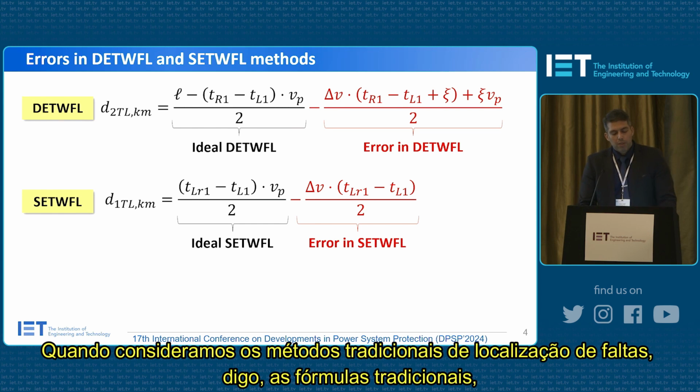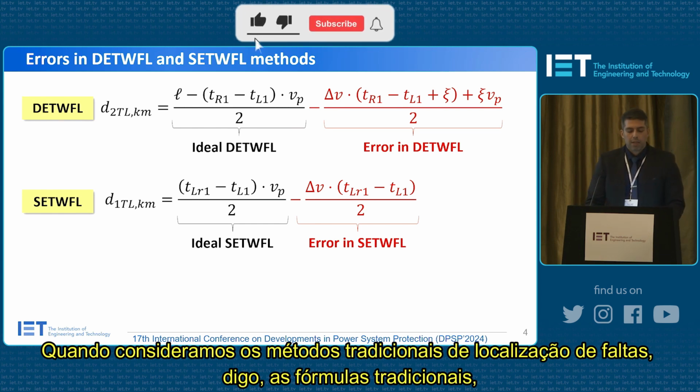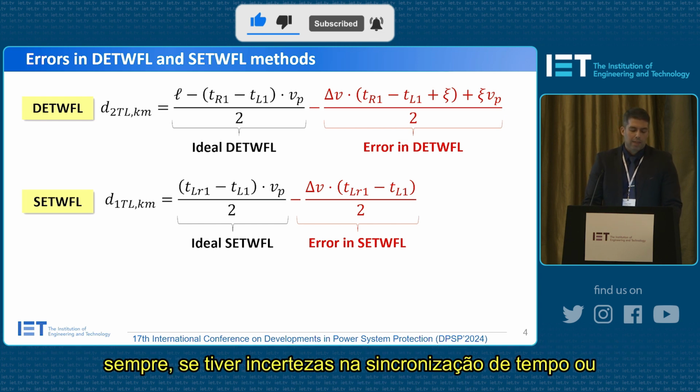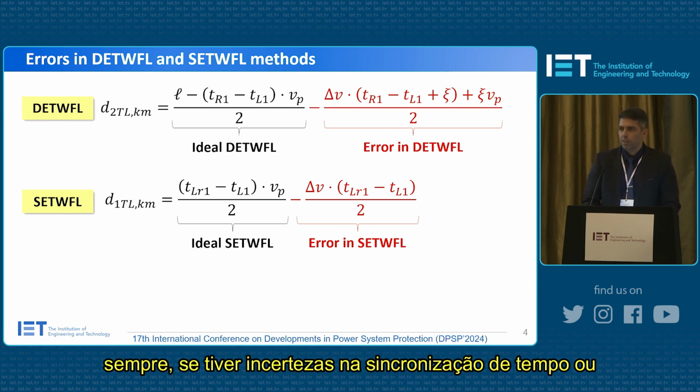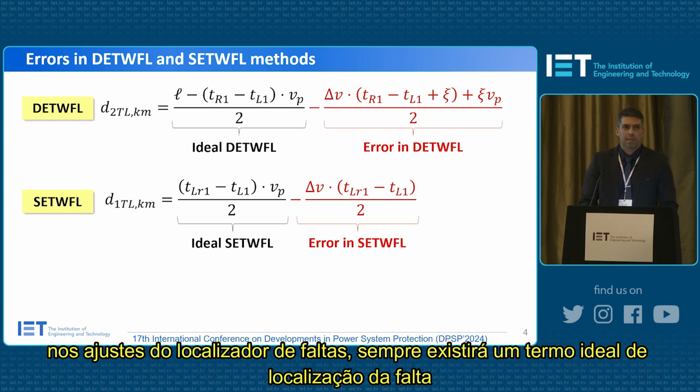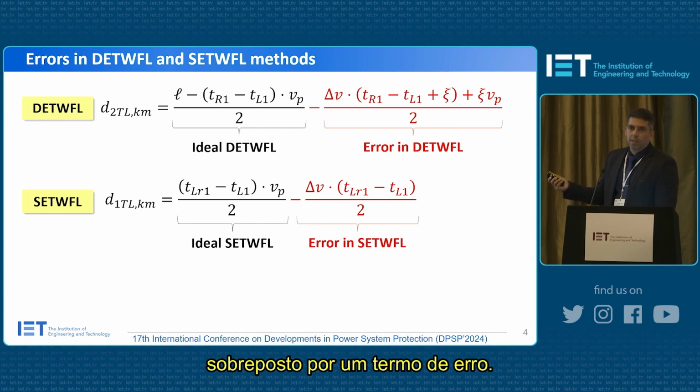So when we consider the traditional fault location methods, the traditional formulas used to locate faults, if you have uncertainties in time synchronization or in the fault location settings, we will always have an ideal estimation superposed by an error term.